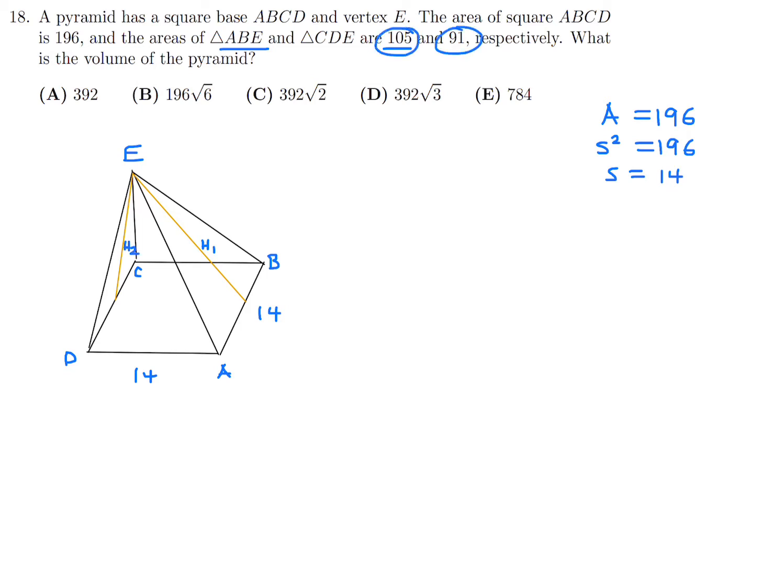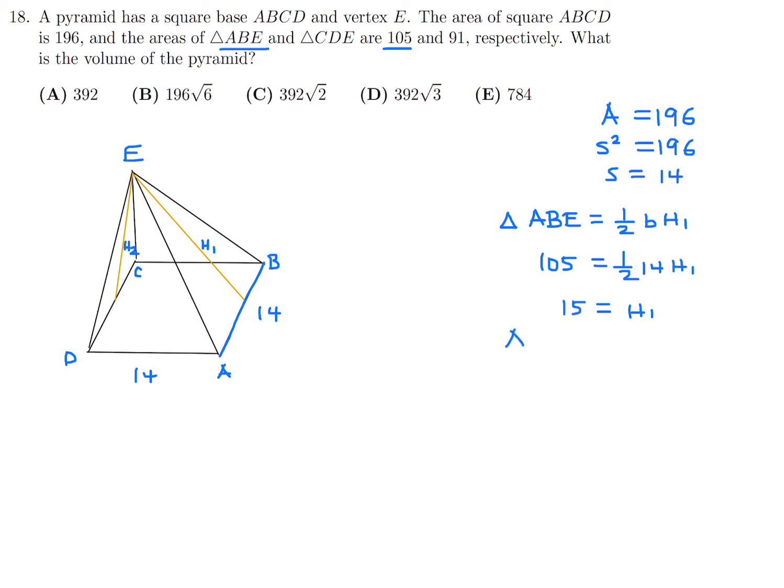Okay, so now let's use this piece of information to figure out the heights. For ABE, that triangle, its area is, of course, 1/2 base times height. And the height we have called H1. They tell me that ABE has an area of 105, 1/2 base. Well, what's the base? Base is 14. So 14 times H1. And therefore, solving for this, we get H1 is equal to 15.